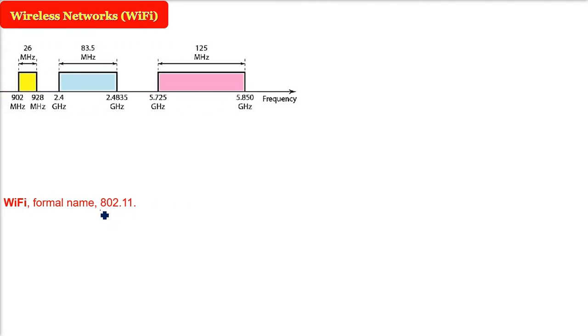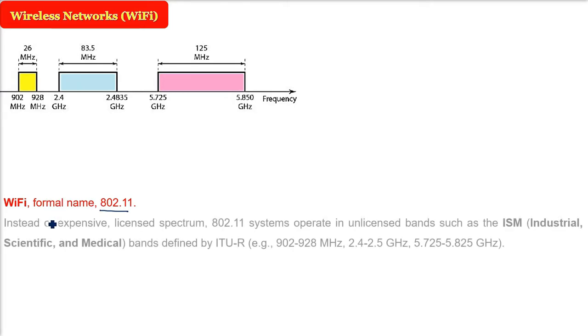Wireless networks, or Wi-Fi. Sometimes people also call it wireless fidelity. But here 802.11 is the IEEE standard, and Wi-Fi is the formal name. Now Wi-Fi uses spectrum which is unlicensed.